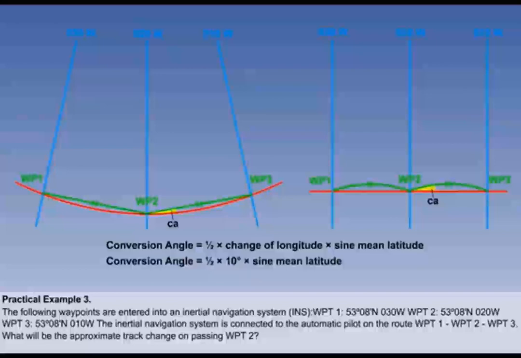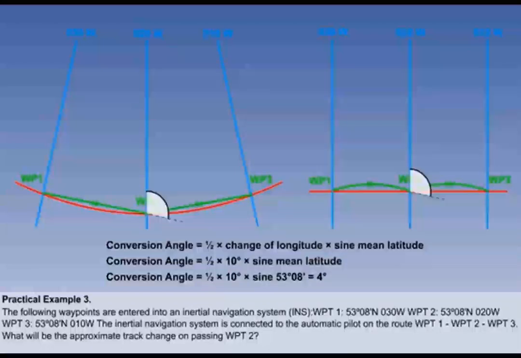The change of longitude on both legs is 10 degrees, and the mean latitude on each leg is 53.08 north. This gives us a conversion angle of 4 degrees in each case. So what is the great circle track angle immediately before the waypoint changeover?